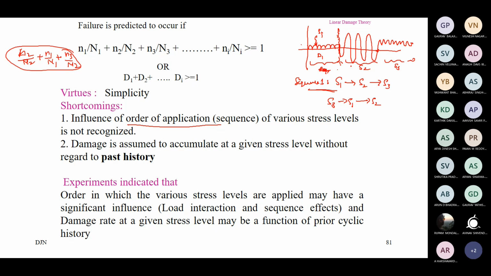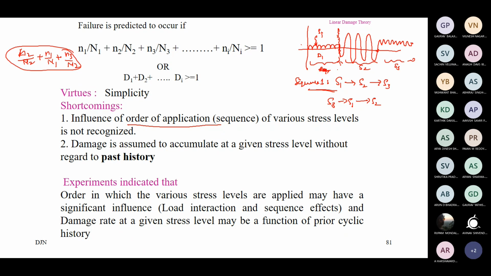But this theory is considering that you are applying the S2 pattern of load without the damage in the component. You know that there is some damage D1, but when you apply that particular load on the component with the damage, how it should behave, that prediction is not there. Individually, when you consider each load, it will give you some damage in the component, assuming the component is fresh every time.